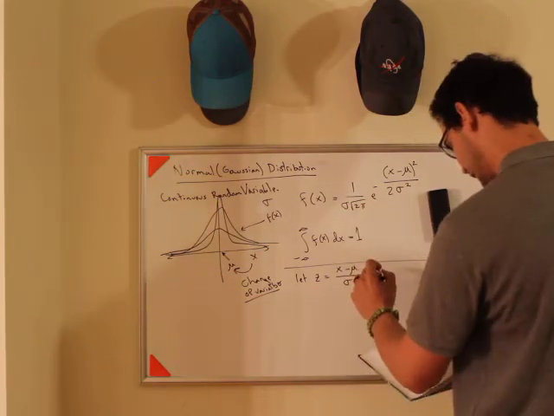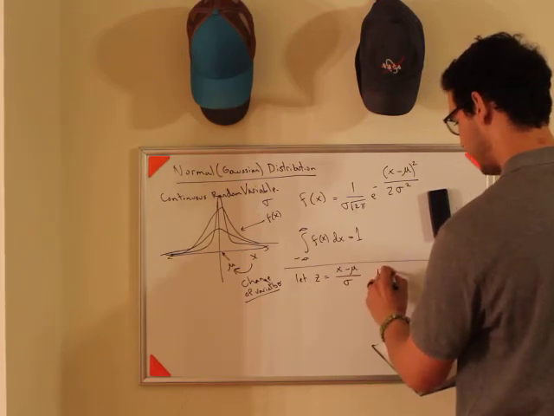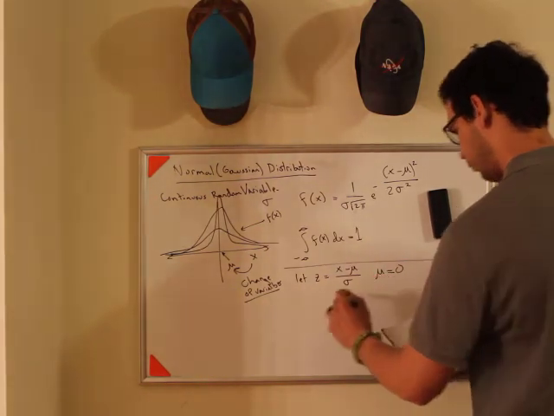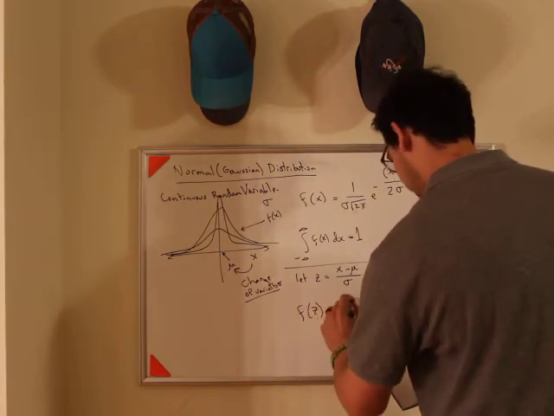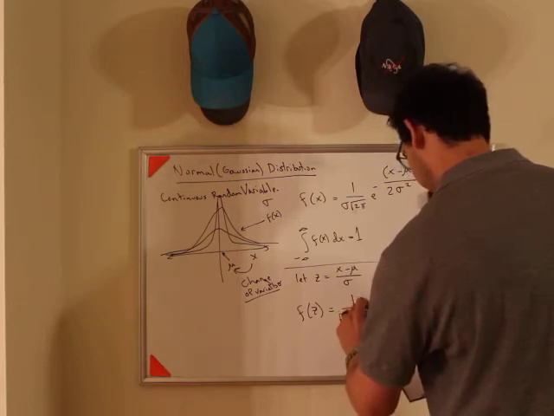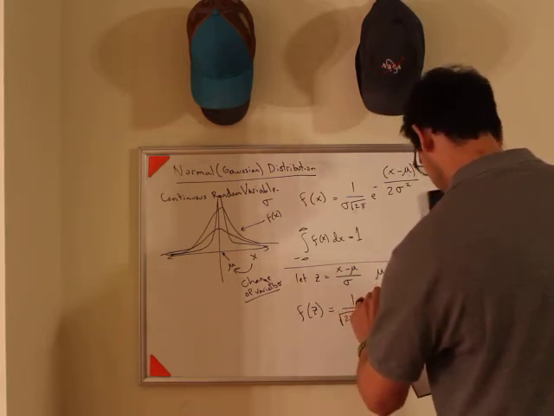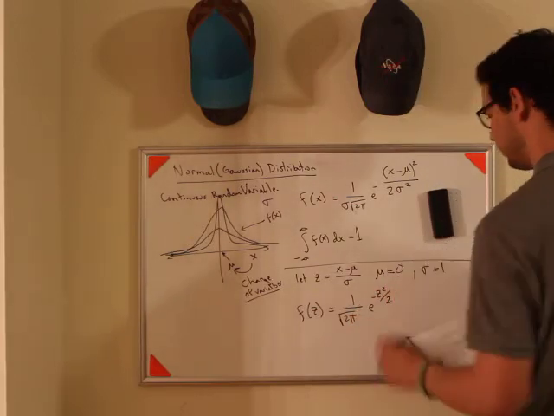So the mean of this distribution is actually 0. And what that means is that f of z turns into 1 over square root of 2 pi e to the minus z squared over 2. And if you notice, sigma is 1.